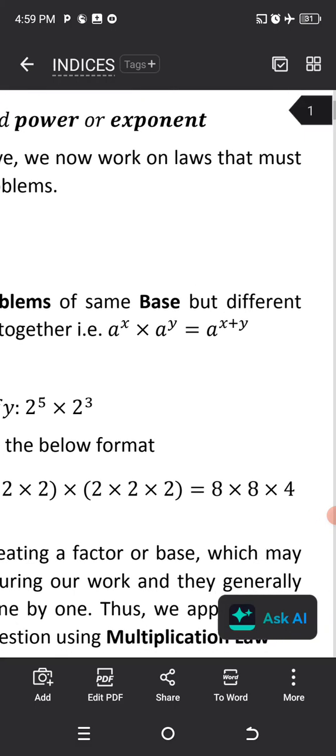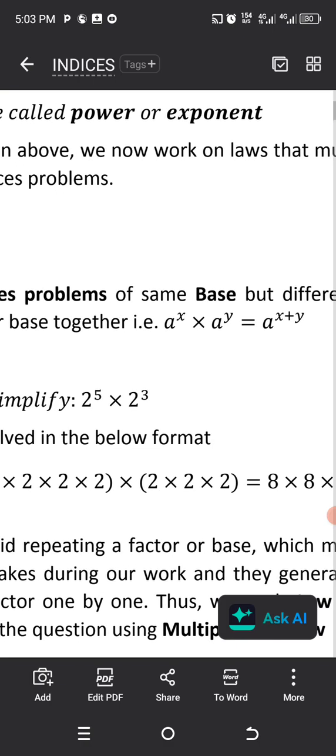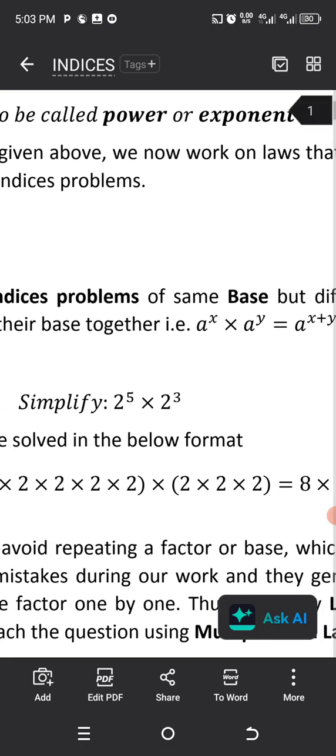You can see a to the x multiplied by a to the y, where x and y can also be equal, so the index of that same base can be the same or different.